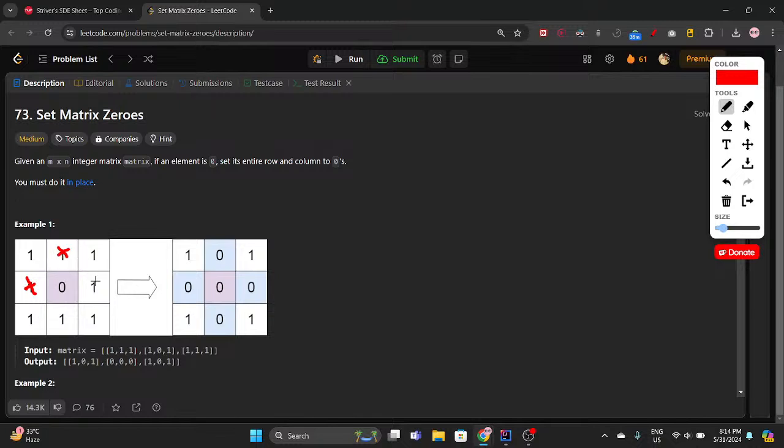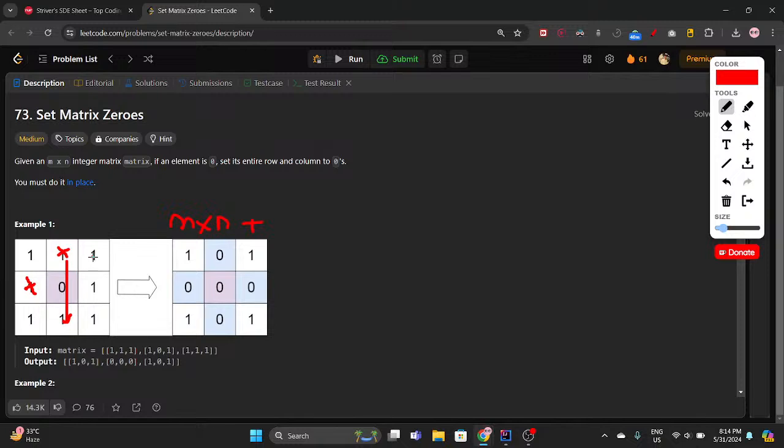So O of m into n is the time taken for setting. After setting, what we are going to do is we will iterate all m and n, and for every m and n, if there is 0, we will apply 0 to the whole row or column.